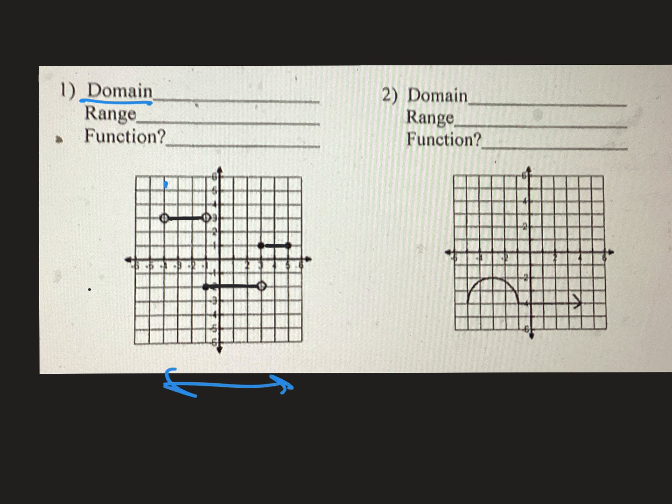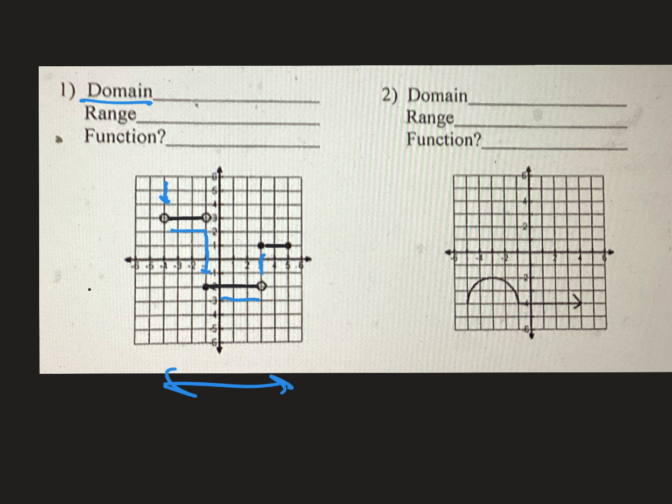Okay, first of all, there's an empty circle right there at -4, which means the graph doesn't actually contain the -4. It starts going to the right, then it jumps, or lowers down to there, goes to the right again, then jumps up to there. So from left to right, it starts at -4, but doesn't include the -4.